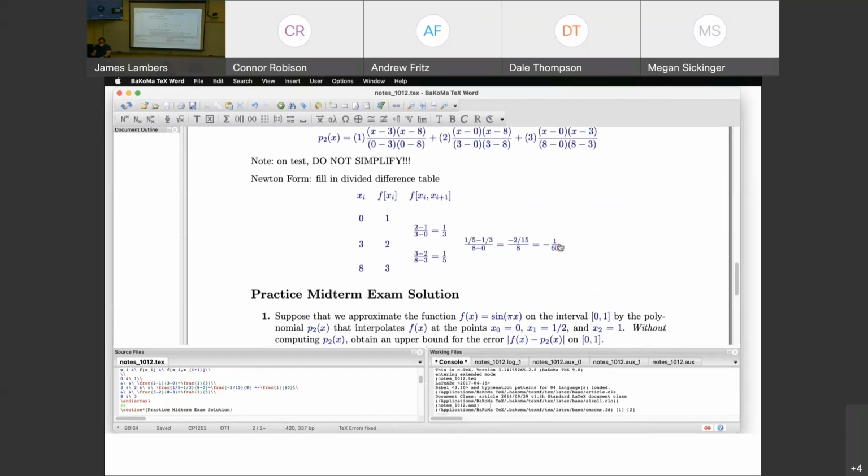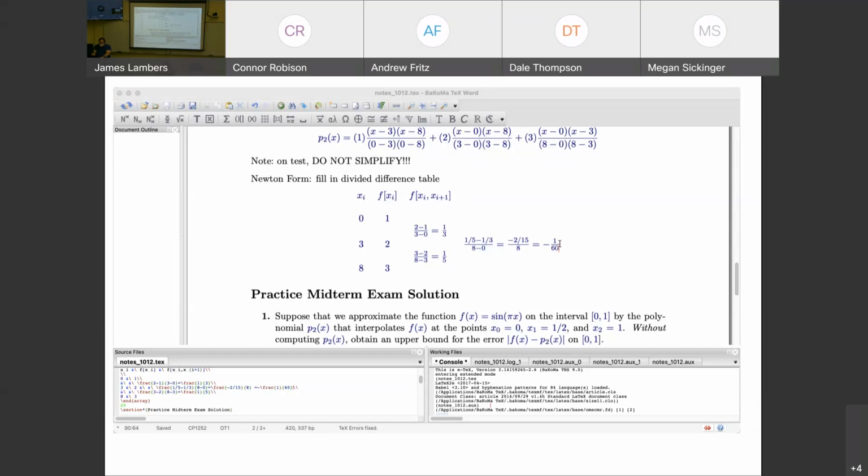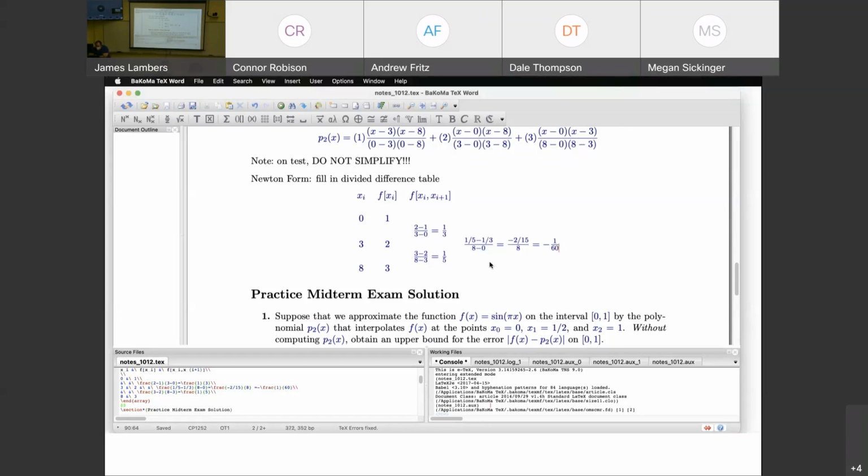What I'm going to do here is look at Matlab. Okay, so I can prove in Matlab that this is correct.